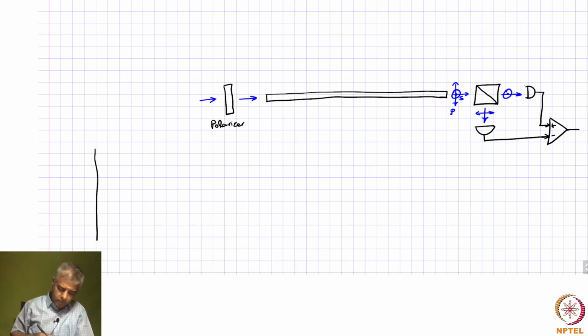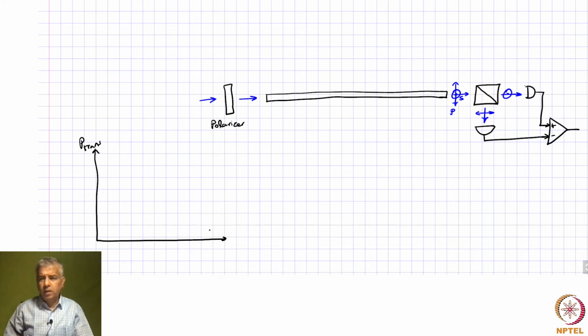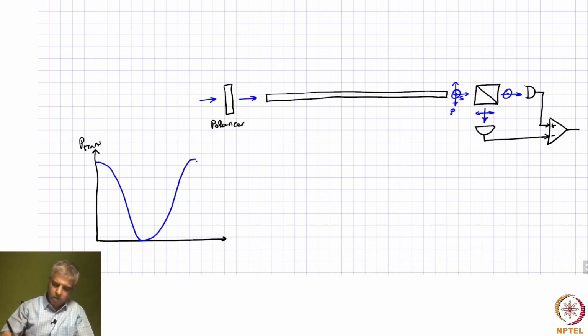We had this power transmitted curve drawn as a function of, say, the incident polarization. So whatever response you are getting in this port corresponds to your cos square function, right?